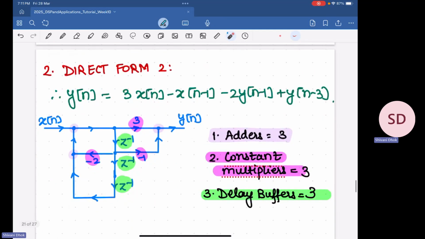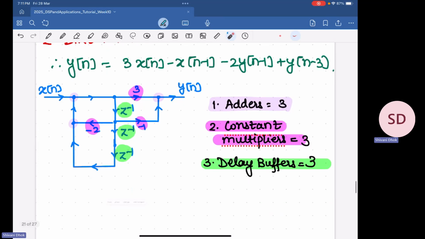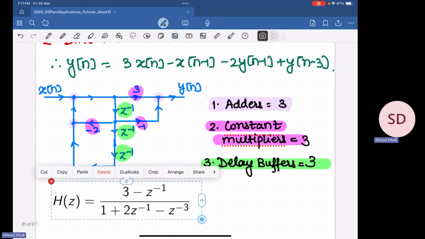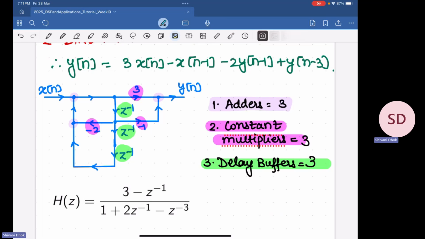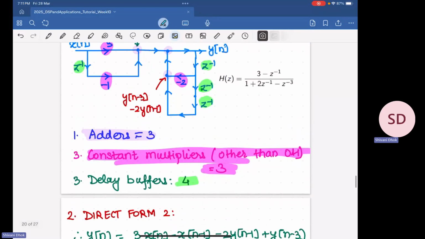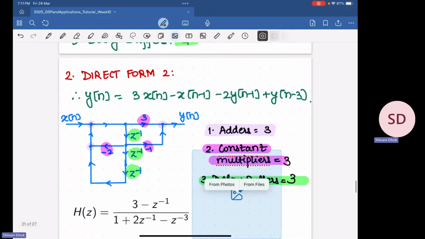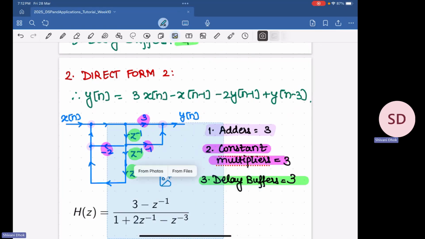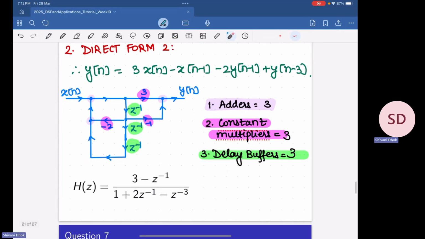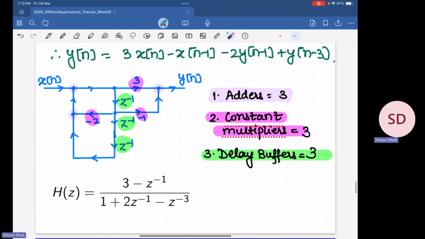Now for direct form 2, you start in the opposite fashion. You start with the denominator. You have a 1 here, that 1 will remain as it is.